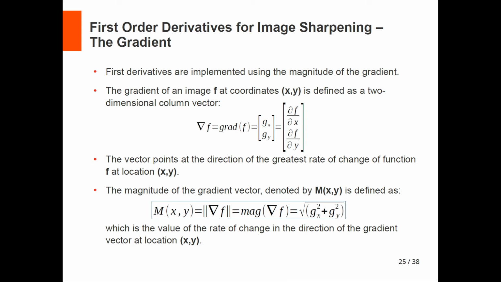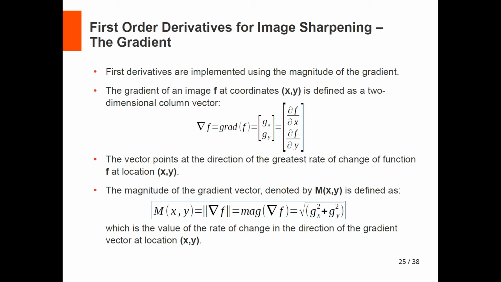So the magnitude of this vector can be calculated by squaring the individual components of the gradient and finding the square root of that value. So this is going to be called the magnitude image. We show it here by m of x and y, and at each location it is basically the length of the gradient vector at that place.